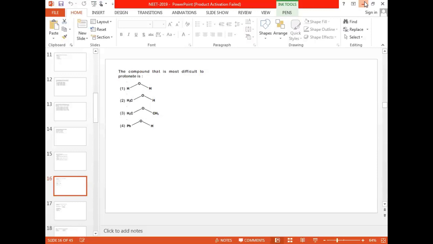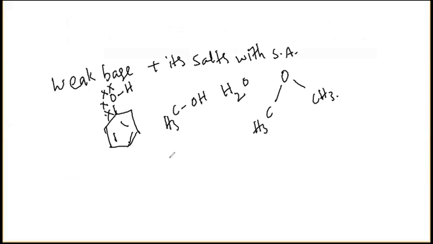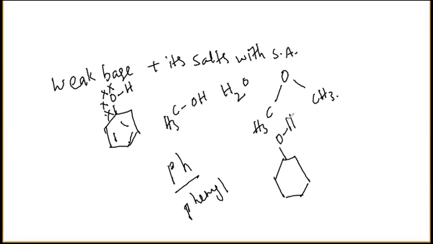See, in this particular question, this Ph we are telling, no? This Ph only we are considering as a phenol. Even if it is Ph, it represents phenyl. This phenyl, what is going to happen when we write resonance like this? Here the lone pair of electrons are involved in resonance.